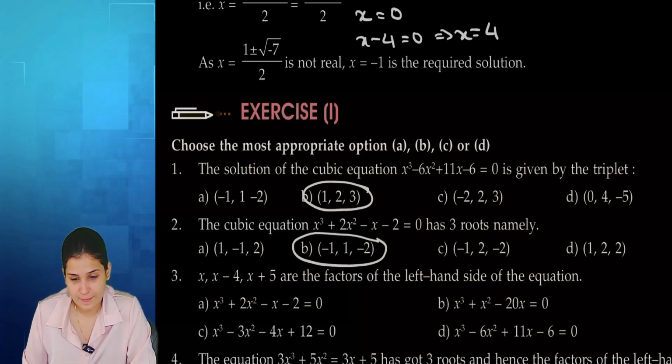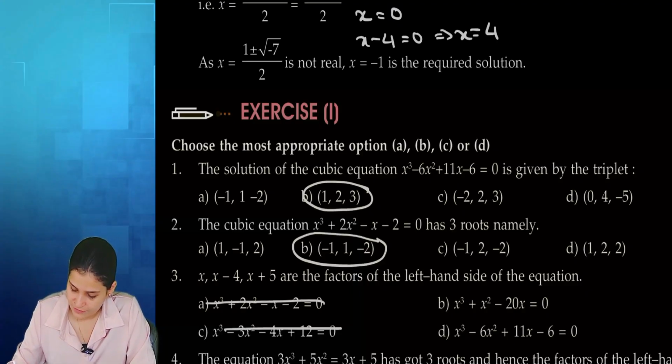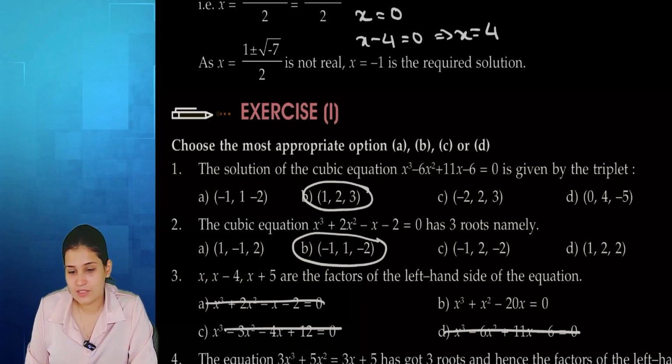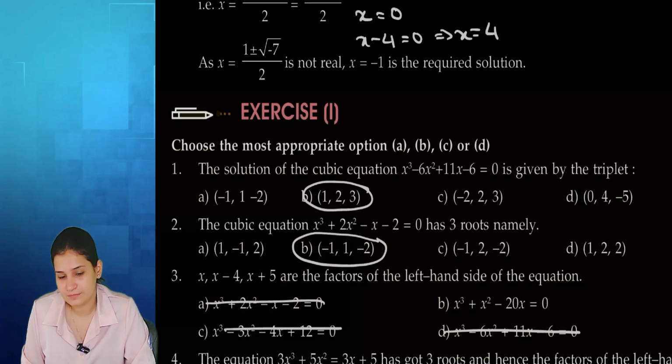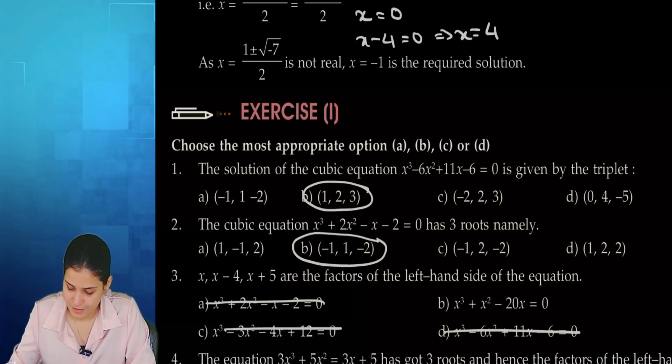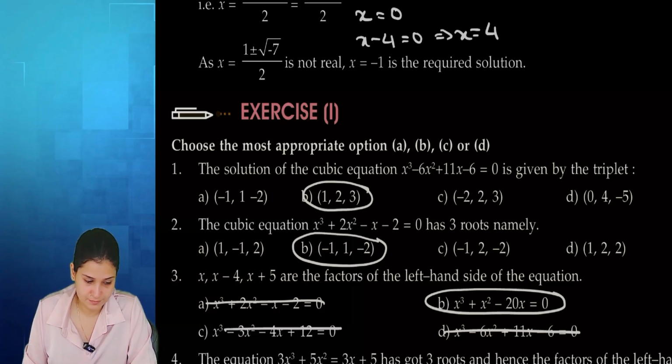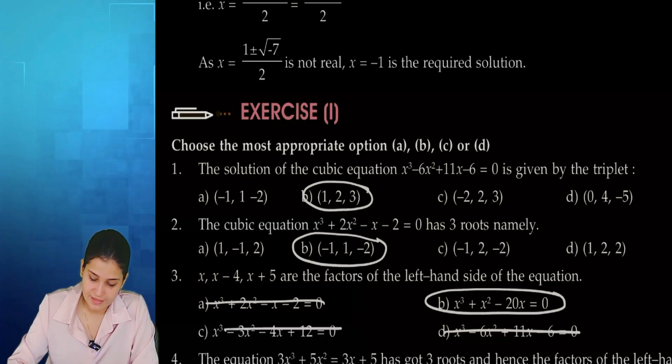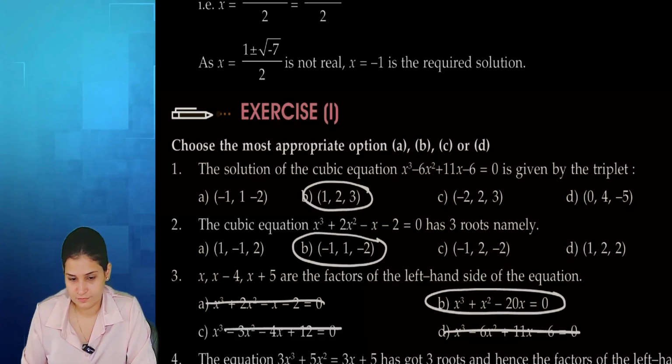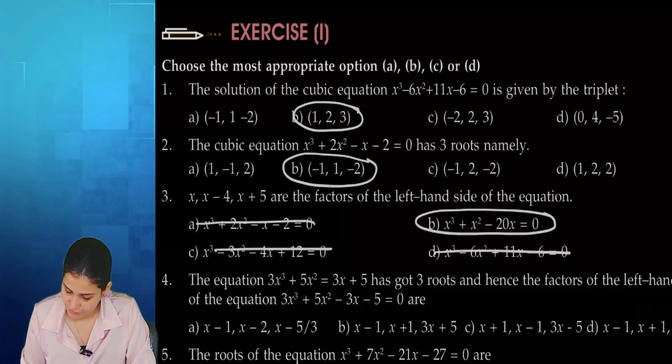So now let's see, x equal to 0 only satisfies B. So B is the correct answer. Everybody done? Question number 4.